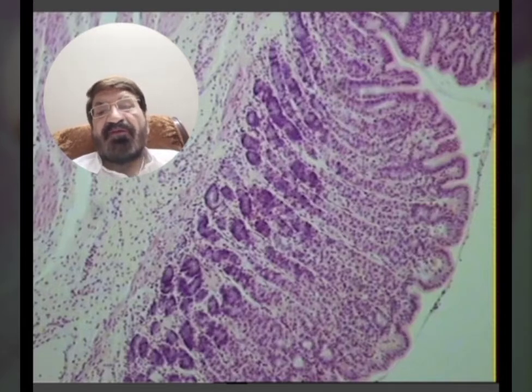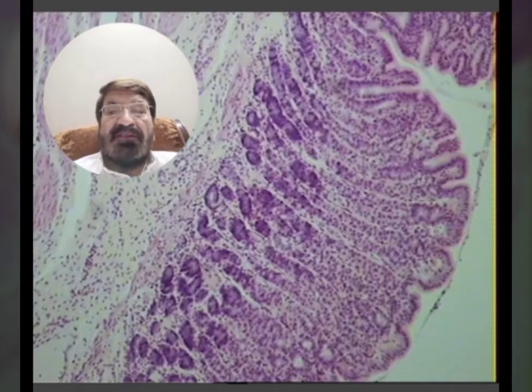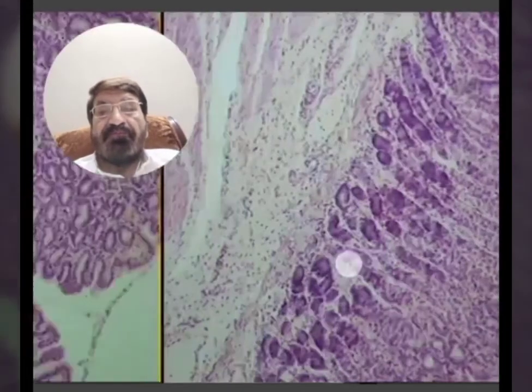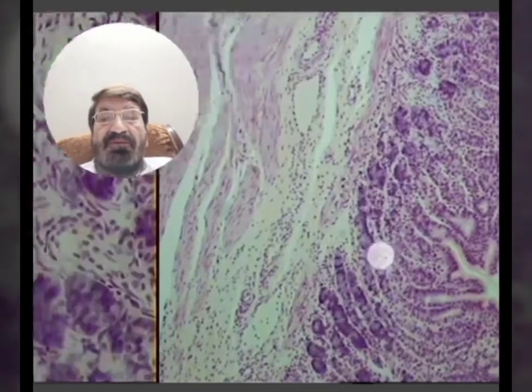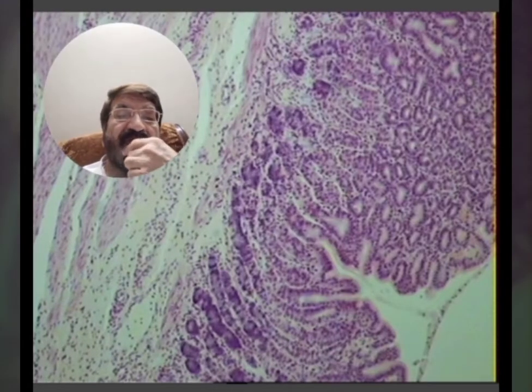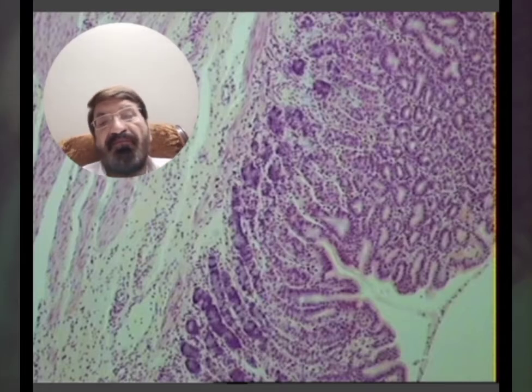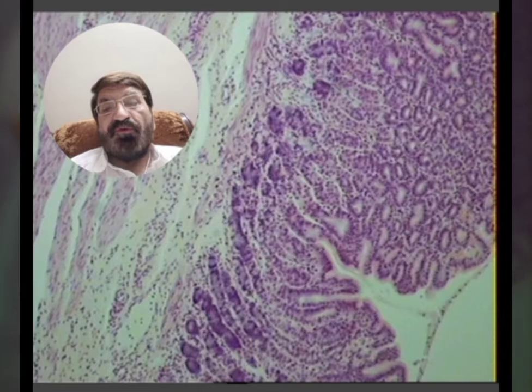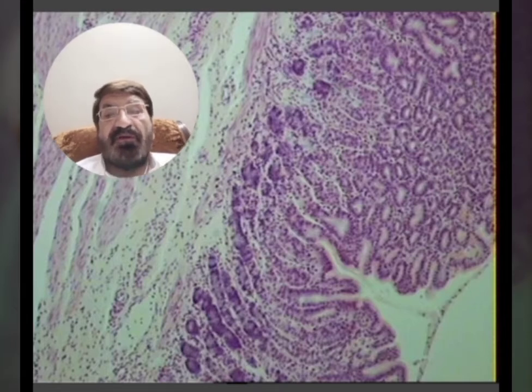And the muscularis externa of the stomach has 3 layers: the inner oblique, the middle circular, and the outer longitudinal. So these are the layers of the stomach. And then there is serosa, the outermost layer.